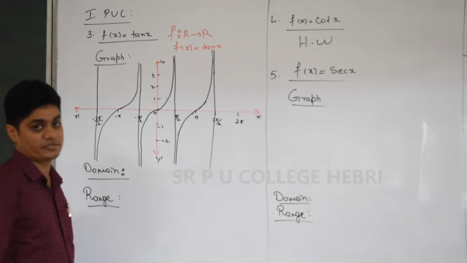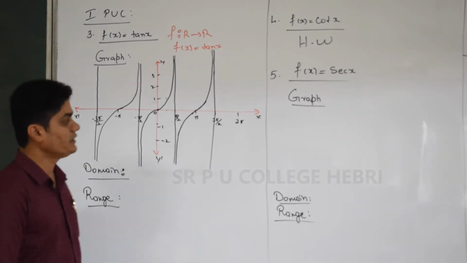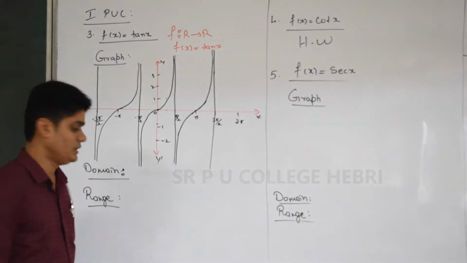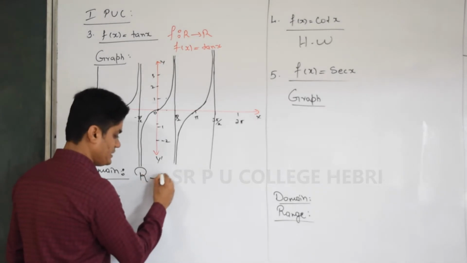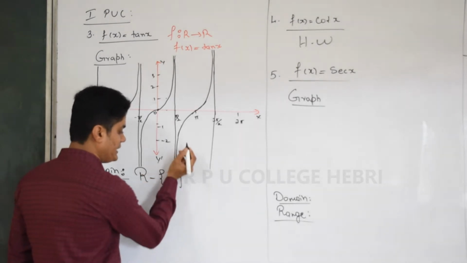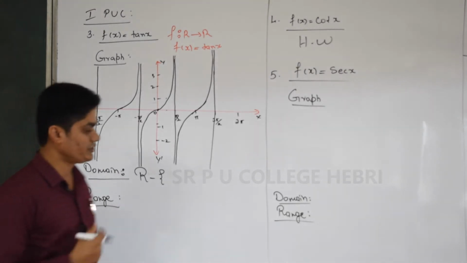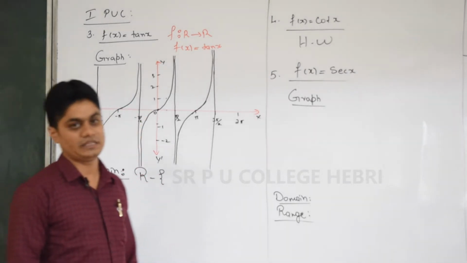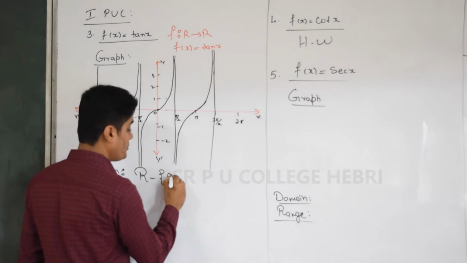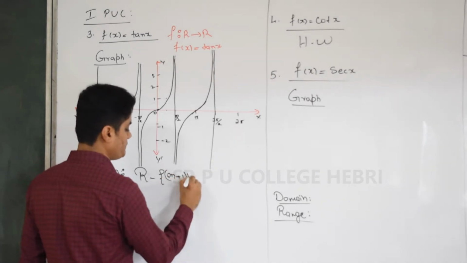What is a domain and range? Can you tell me what is the domain? Are all the real numbers allowed? No. Here the domain excludes pi by 2, 3 pi by 2, 5 pi by 2, 7 pi by 2 and so on, that is, odd multiples of pi by 2, (2n plus 1) times pi by 2.